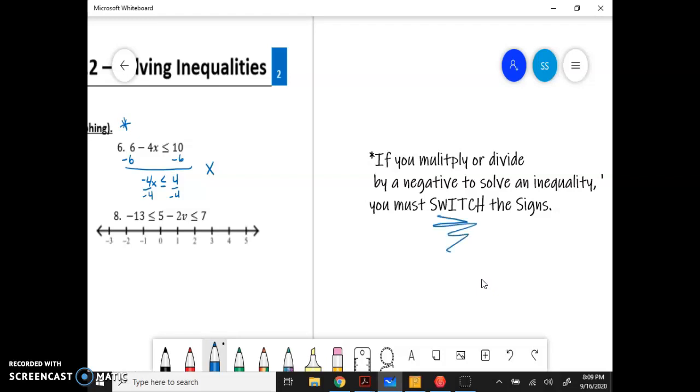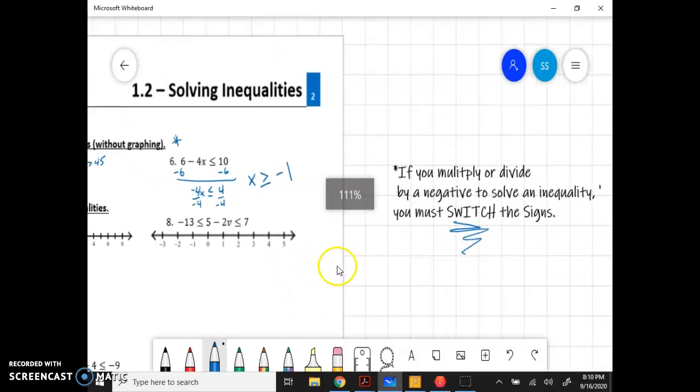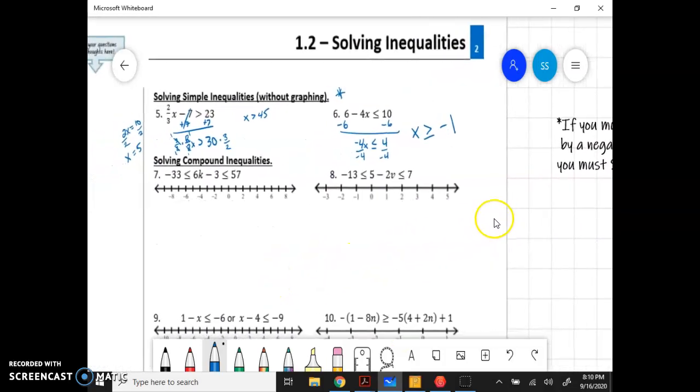You must switch the signs. So for this one here, it was x was less than or equal to. Now we're going to change this to greater than or equal to, and positive 4 divided by negative 4 is negative 1. All right, super important. Make sure you write this down in your margins. You definitely want to remember that.